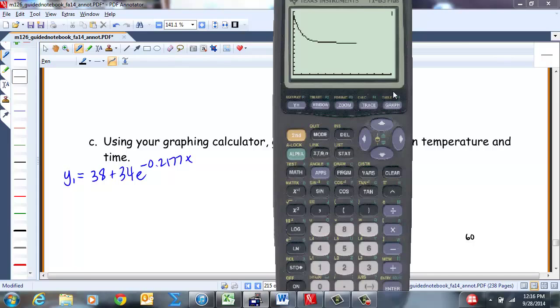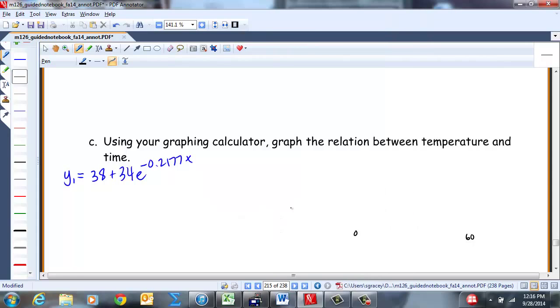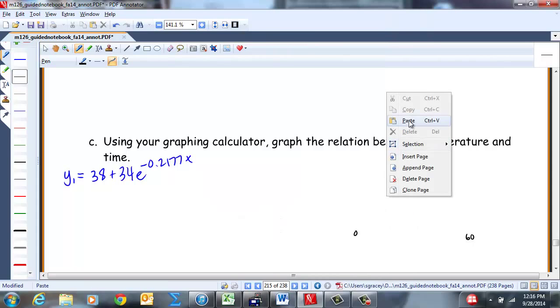Yeah, that way I can put the scale in, starting from 0 on both of them.